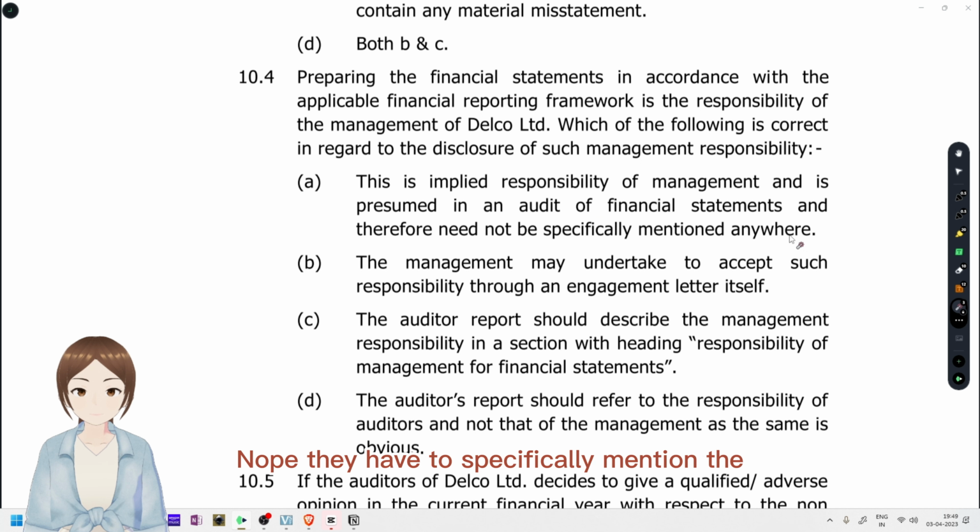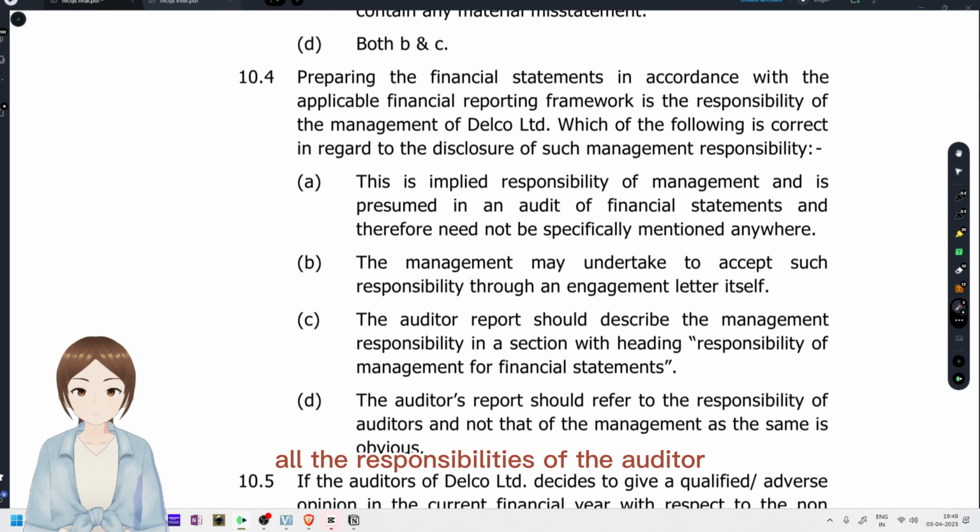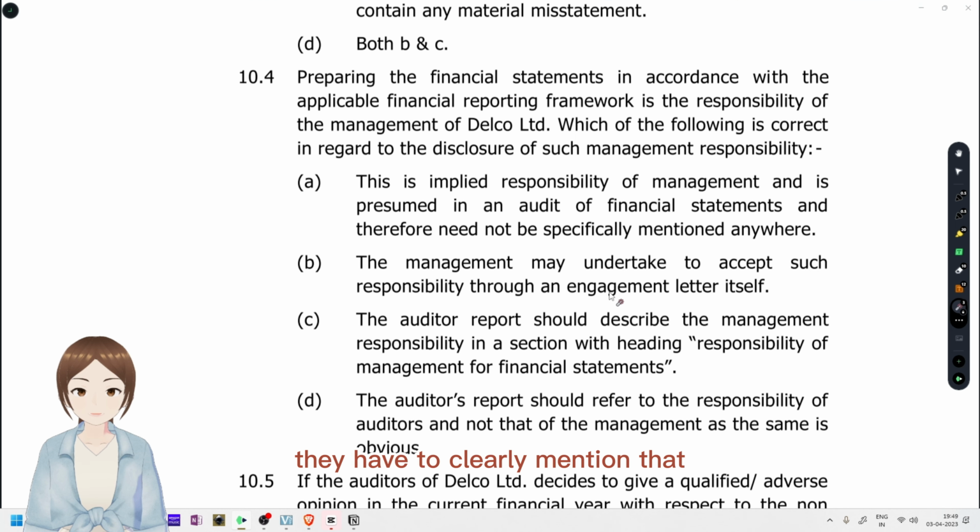No, they have to specifically mention the management responsibility in the engagement letter, as we see in the 200 series. All the responsibilities of the management and of the auditor have to be clearly mentioned. And the management may undertake to accept the responsibility in the engagement letter itself.